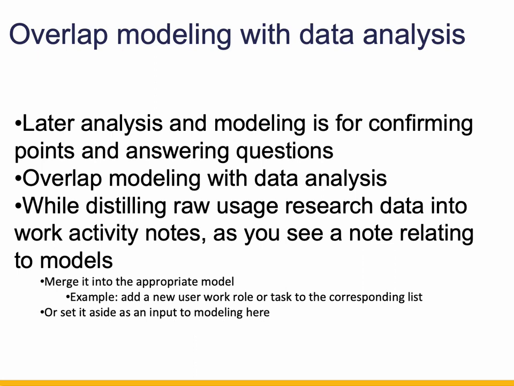And the example here is adding a new user work role or task to a corresponding list. Or you can set it aside as an input to modeling, on the side. This is very similar to what we did with the WAAD. You organize, you categorize, you change things, you add to things, you extend on things, and eventually, through iterative feedback, you get the right tasks, you get the right affinity diagram.